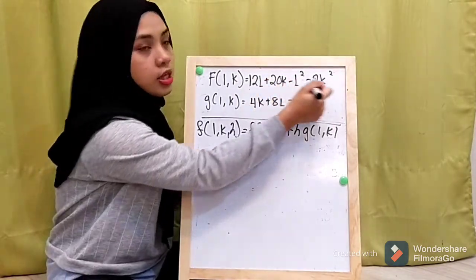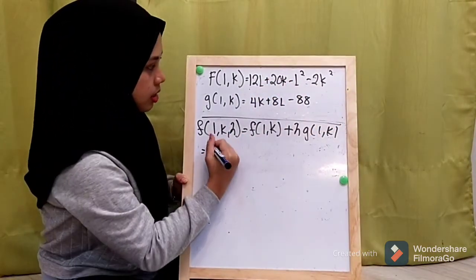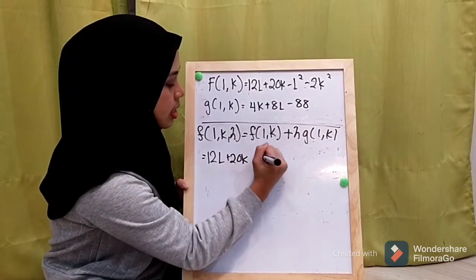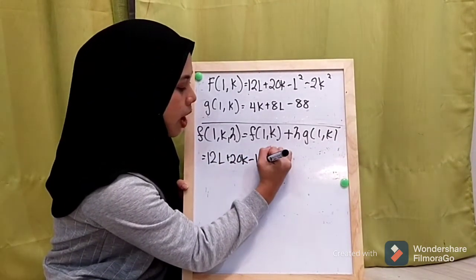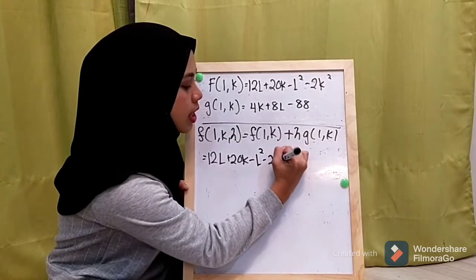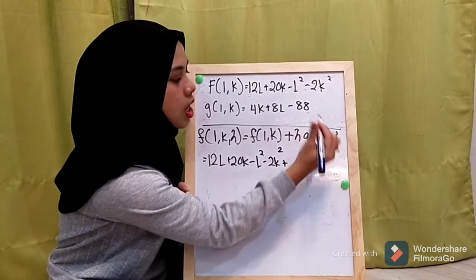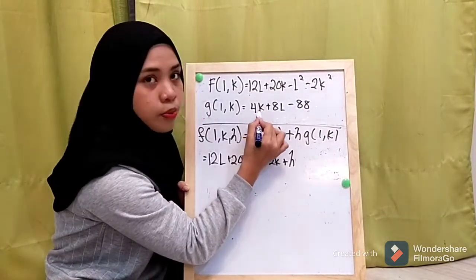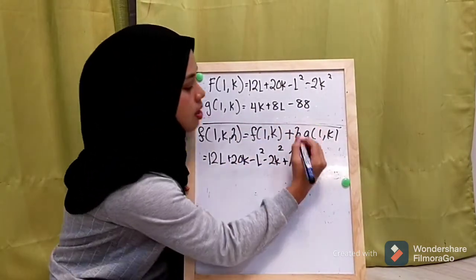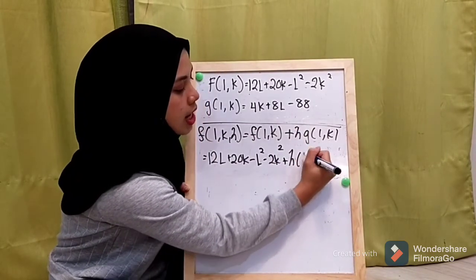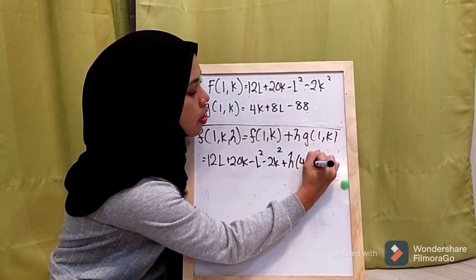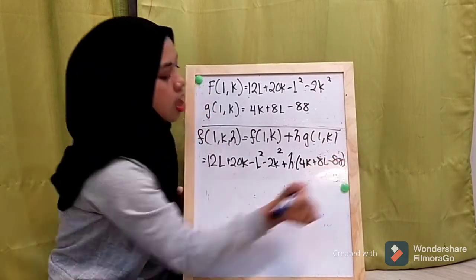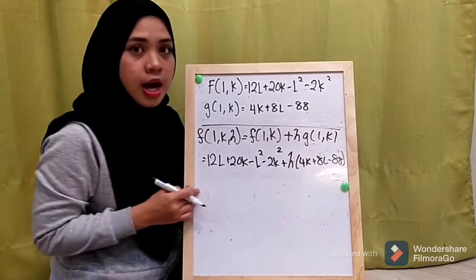Take the function F(L,K) and put it here: 12L plus 20K minus L power of 2 minus 2K power of 2 plus lambda. Take this G(L,K) and put this equation, it's the same: lambda multiplied by 4K plus 8L minus 88. So we can see this is the Lagrange function.